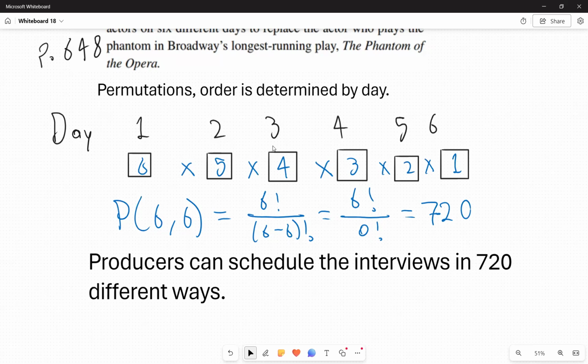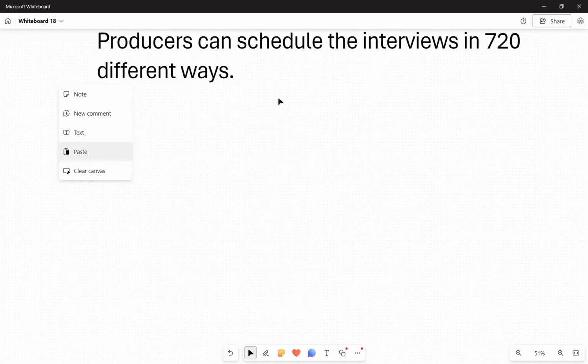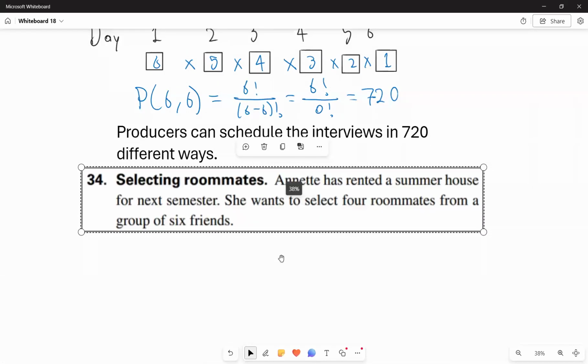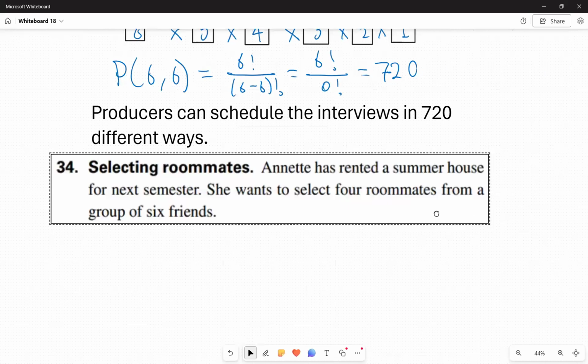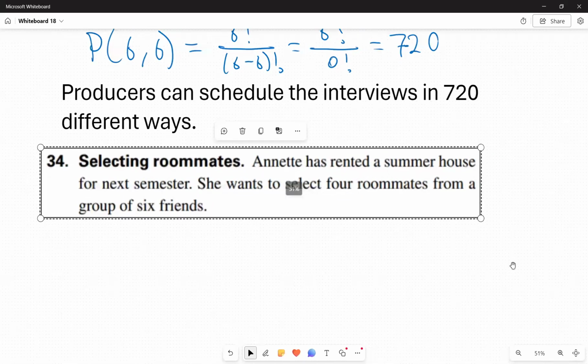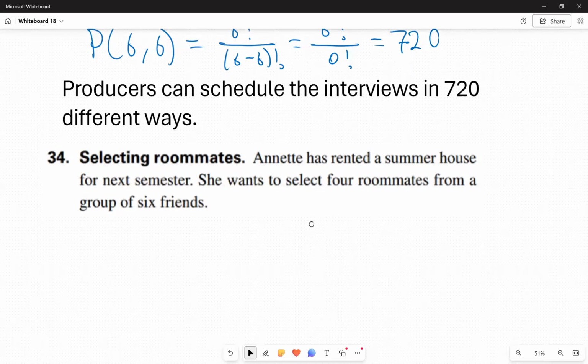On the same page, we're doing number 34, about selecting roommates. Annette has rented a summer house for next semester. She wants to select 4 roommates from a group of 6 friends. So all she wants is 4 different friends.